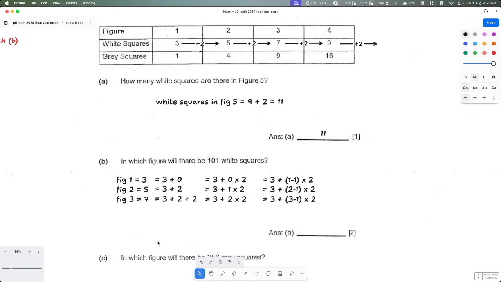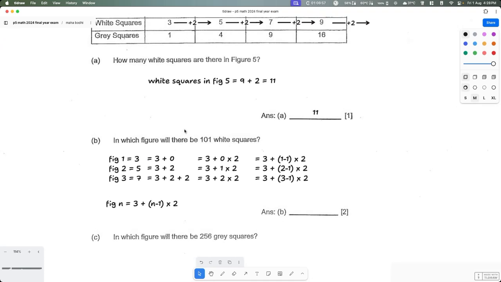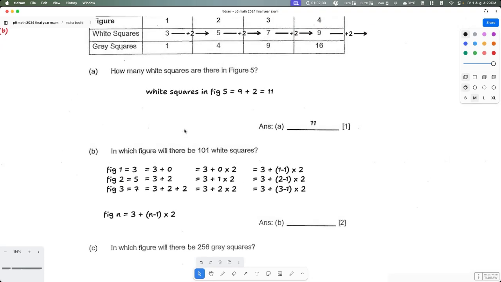So that means figure n is equal to 3 plus n minus 1, and then multiply by 2. Okay, so in this case, in which figure will there be 101 white squares? So if you know the figure already, then we can work backwards.